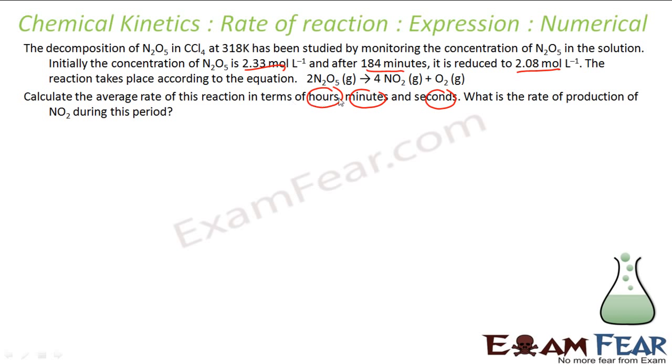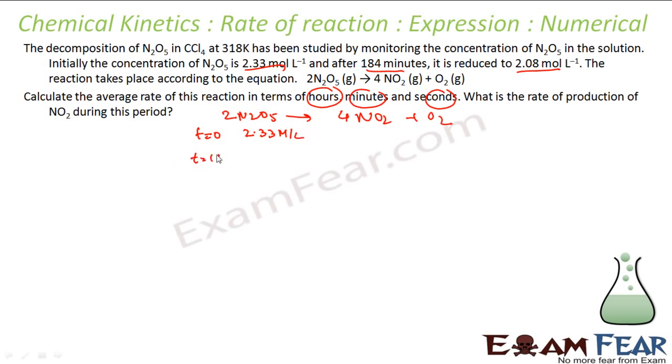So let's see this reaction we have. Let me write the reaction. 2N2O5 gives 4NO2 plus O2. So at T is equal to 0, the concentration of N2O5 is 2.33 moles per liter.